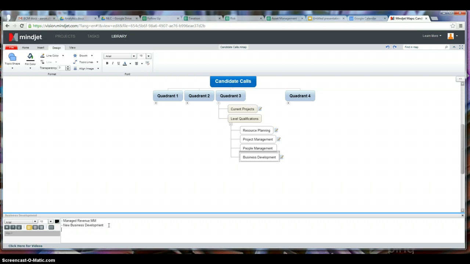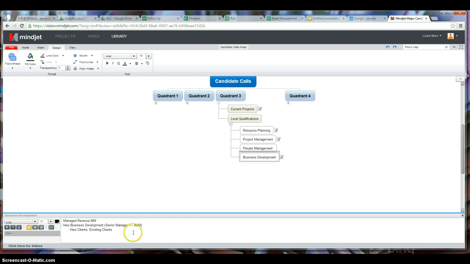And then for people who are already senior managers, you want to know about new business development, and then how much of that was from new clients, and how much was from existing clients. For senior managers, they want to be somewhere between 1 and 3 million a year.